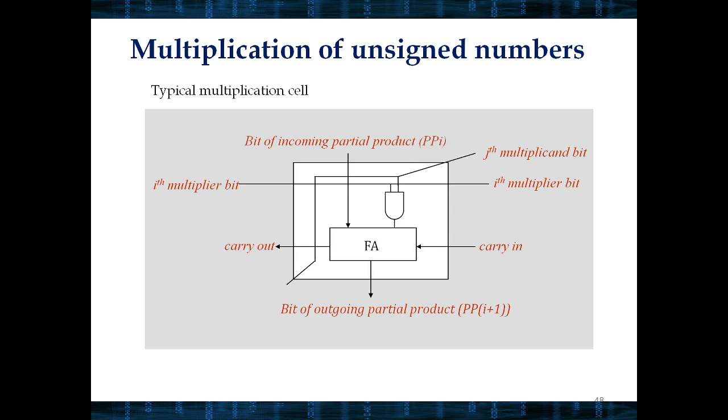The multiplicand is shifted left one position per row by the diagonal signal path. So in each stage, the partial product will be shifted one bit to the left. Finally, it is going to give the product of M times Q.